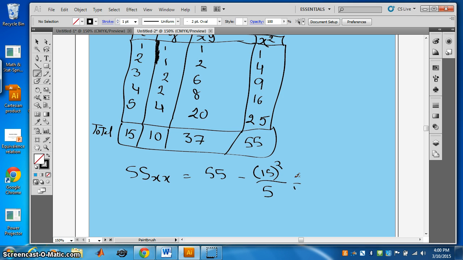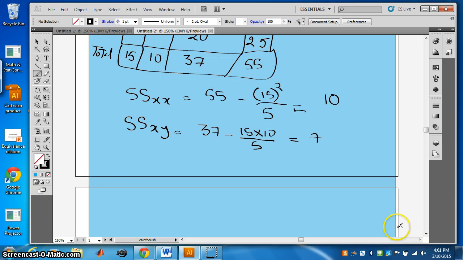If we calculate, we get the answer 10. In the same way, sum of squares of xy is 37 minus 15 multiplied by 10 divided by n, which is equal to 7. See, sigma xy is 37, sigma x is 15, sigma y is 10, divided by 5.